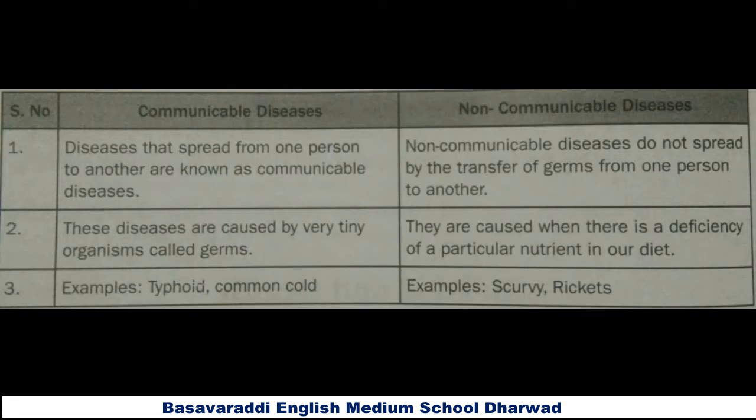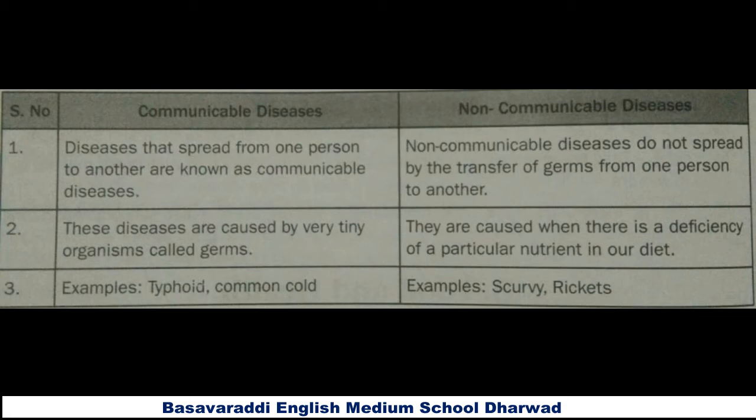The question number 9. In question number 9, there are two questions, each carry 3 marks. The first one, differentiate between communicable diseases and non-communicable diseases. Here is the answer for this question. Yes, you make two columns.